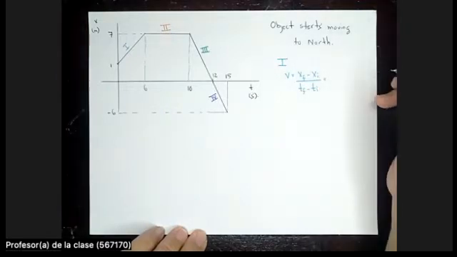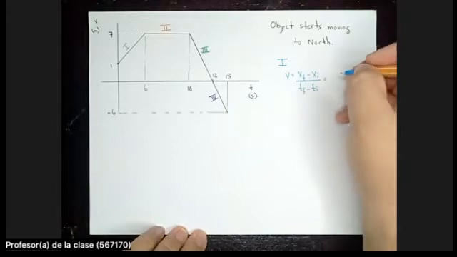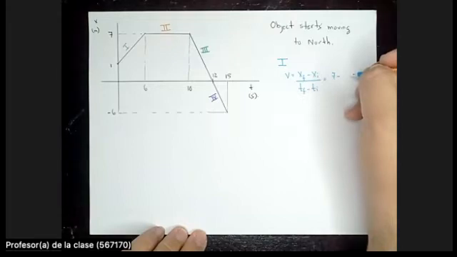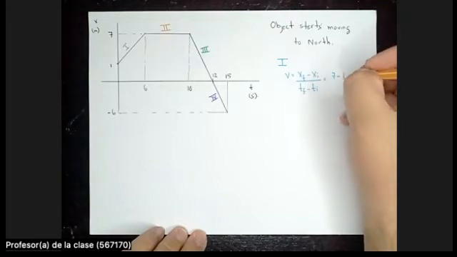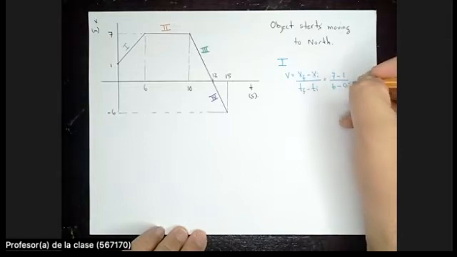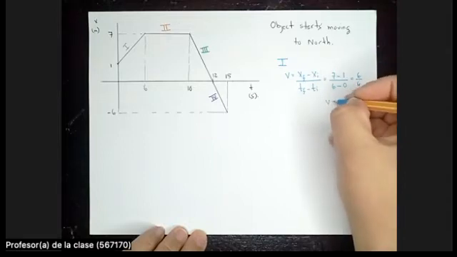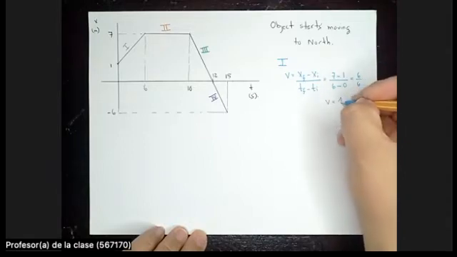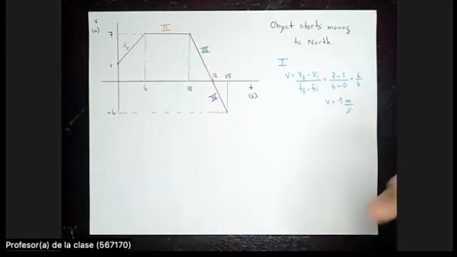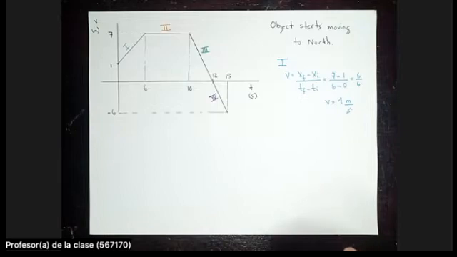So the final position on the first interval is going to be 7 minus 1, and the final time is going to be 6 minus 0. That's going to be 6 divided by 6, which is 1 meter per second. Okay, that is the velocity on the first interval, 1 meter per second.